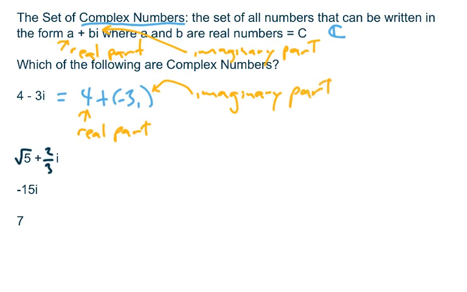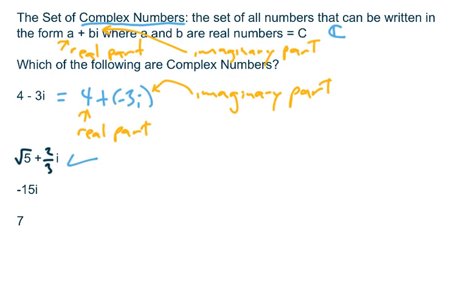So that would classify as a complex number as well. This is a complex number. The a and the b only have to be real numbers, so you could have irrational numbers, you could have fractions, anything like that.